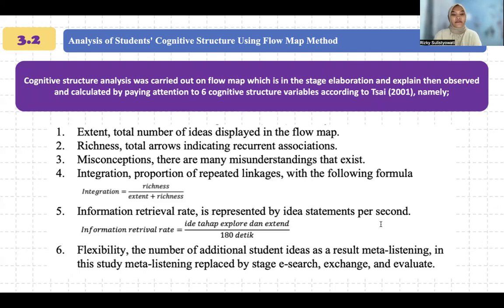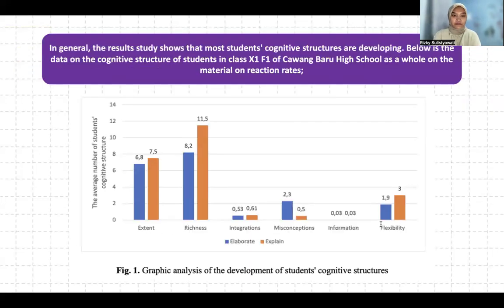And the fifth is information retrieval rate, represented by idea statements per second. And the last cognitive structure variable is flexibility, the number of additional student ideas as a result of meta listening. But in this study, the meta listening is replaced by the stages of research, exchange, and evaluate.